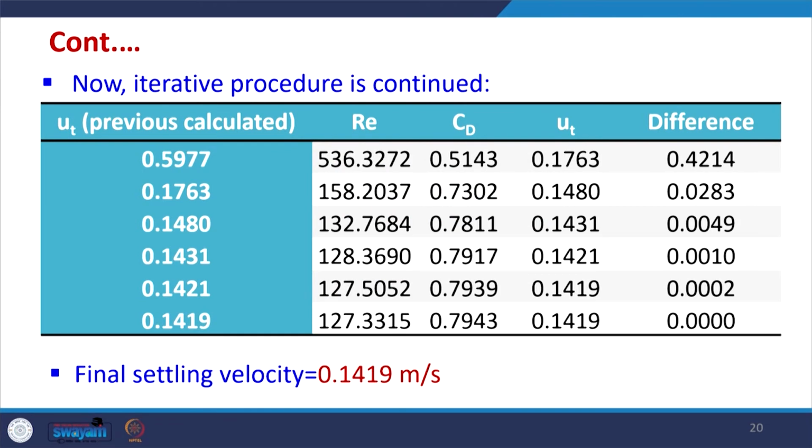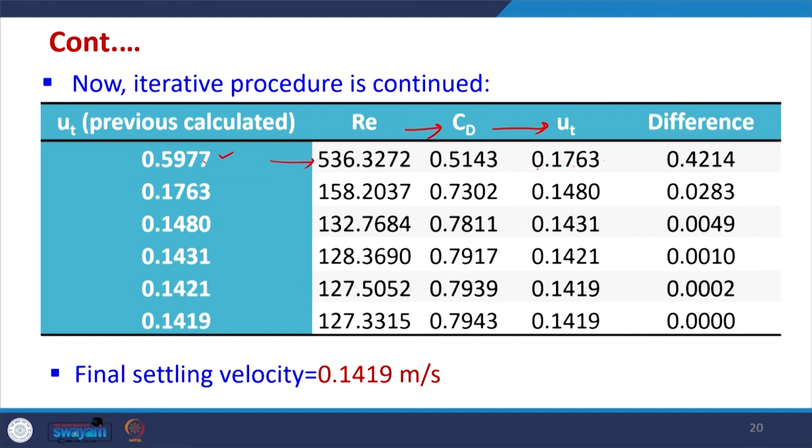So, this iterative procedure will be like: first we find out the UT, from UT we find out the Reynolds number, from the Reynolds number we find out the drag coefficient, and once the drag coefficient is known, we find out the UT value. Then we cross check what is the difference. If the difference is not much, we can stop there. Okay.